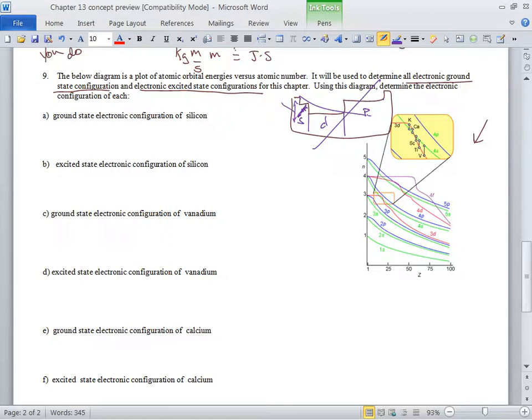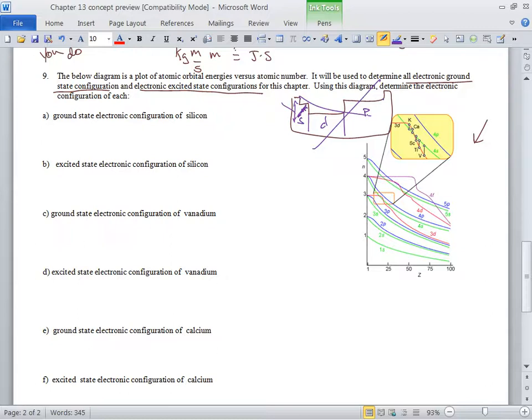So the ground state electron configuration of silicon. What's the atomic number of silicon? 14. Silicon is 14.